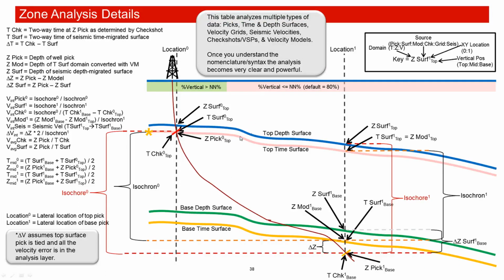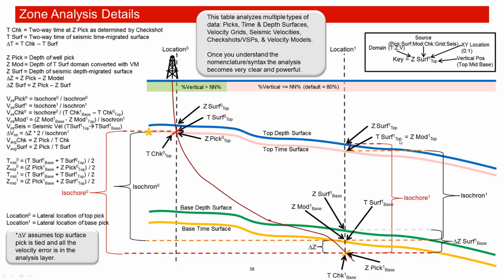So we have this zone analysis table, and again, this picture is kind of intimidating. It's a description of all the columns in the zone analysis table, but it's important to understand that it's showing time data and depth data, well pick data, seismic data. It's showing velocity grids. It's showing data from check shots and VSPs, velocities from velocity models.